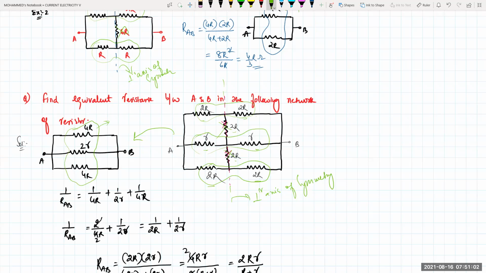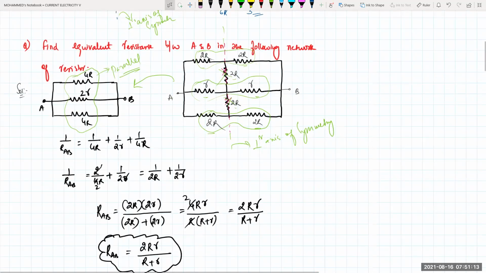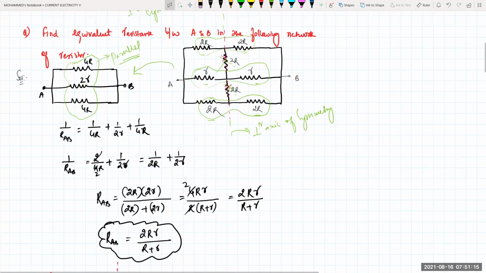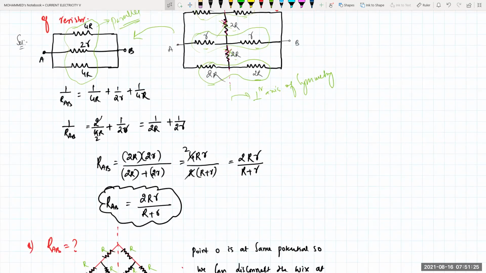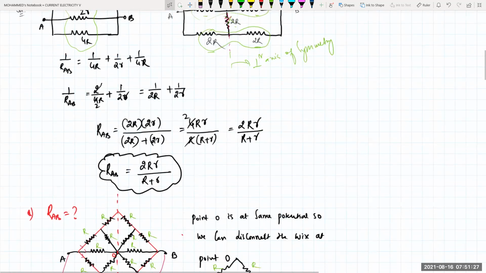It should be a parallel combination, not a series. So just simplify it: 1 by 4R plus 1 by 2R plus 1 by 4R. 1 by 4R plus 1 by 4R is 2 by 4R, so it is 1 by 2R plus 1 by 2 times small r. So the resistance across A and B will become 2 times capital R into small r divided by capital R plus small r.